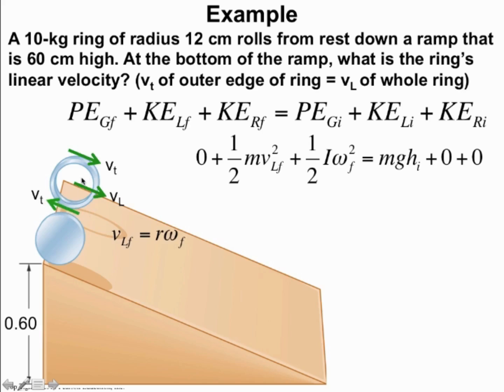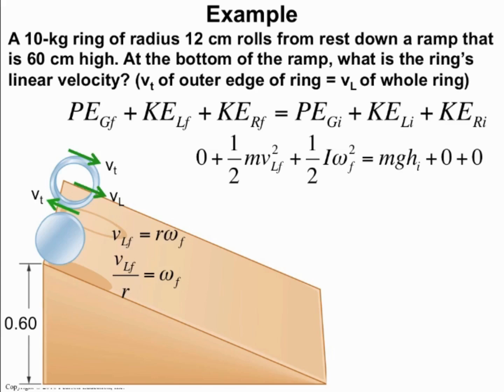The rolling causes an overall velocity of VL, and the VL is equal in magnitude to the VT because the VT is in contact with the ramp. So VLF equals R omega F. That's nothing new; we learned that in part 1 of this chapter. Rearranging, VLF over R equals omega F.